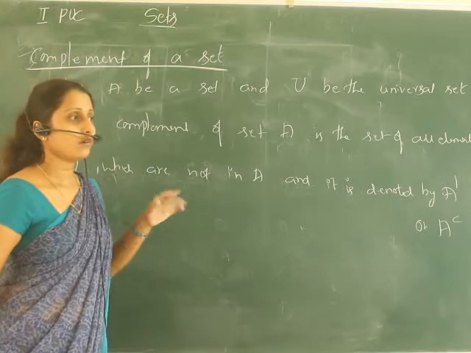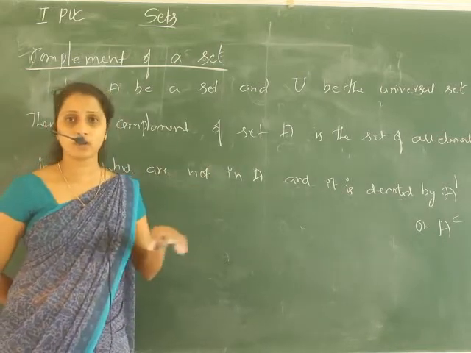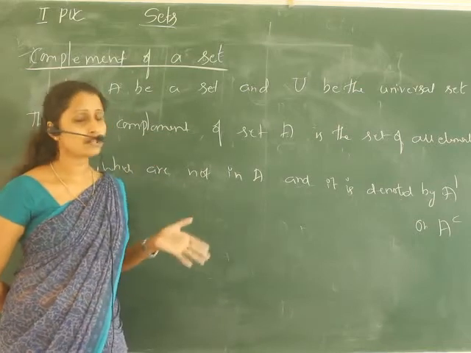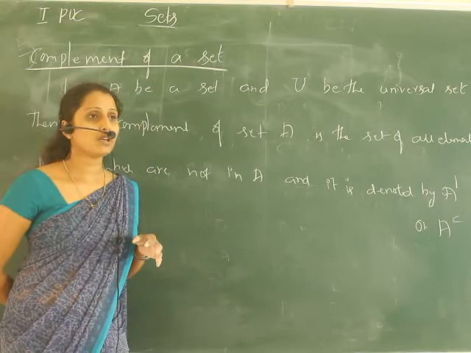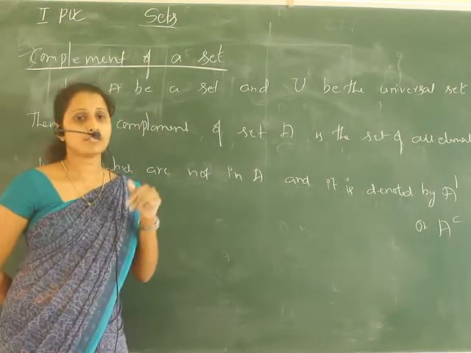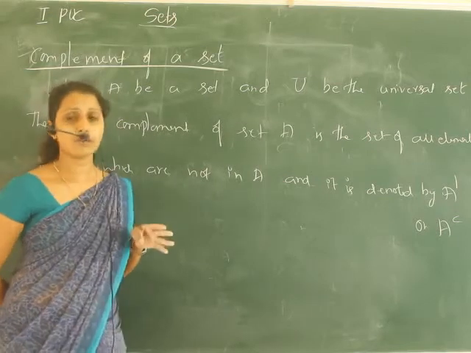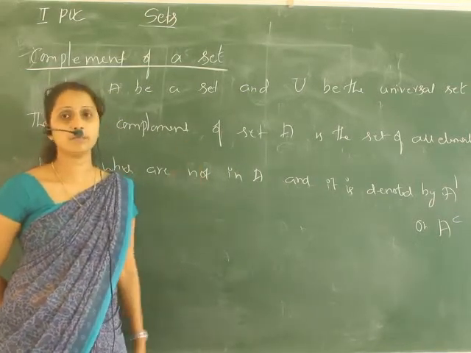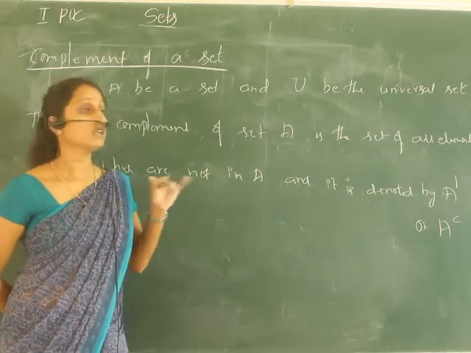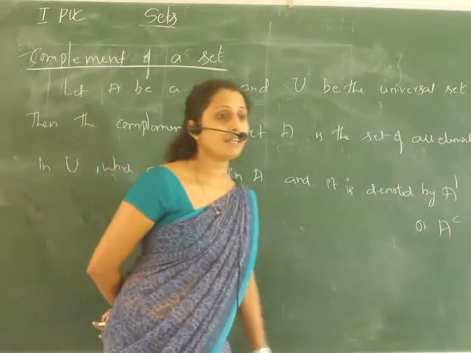Or if A is the set of all girls of first PUC, then the remaining members, the boys of first PUC as well as girls and boys of second PUC, are the complement of the given set.